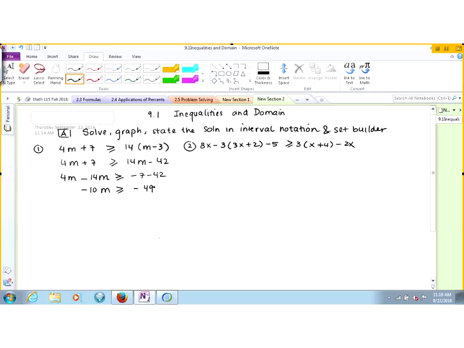Okay, good. Then what? Divide both sides by negative 10. And I'm supposed to switch the sign. So m is less than or equal to 4.9. Or you could write 49 over 10. It actually doesn't matter. 4.9 or 49 over 10.